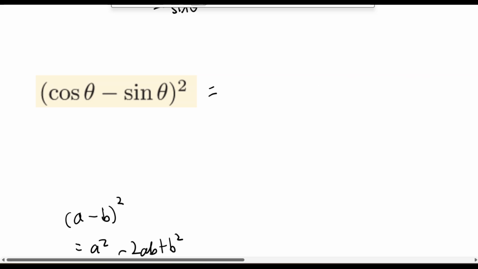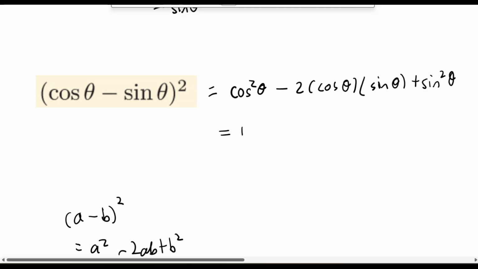But I'm going to do the first thing squared. So that is cos squared theta, take 2 times the first thing times the second thing, plus sine squared theta. So this becomes, well, we can group the cos squared plus sine squared into 1. That's how that works.